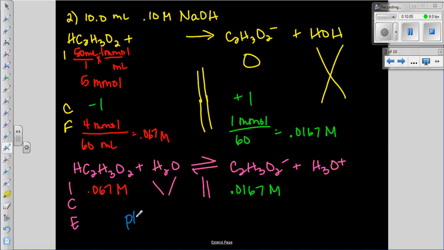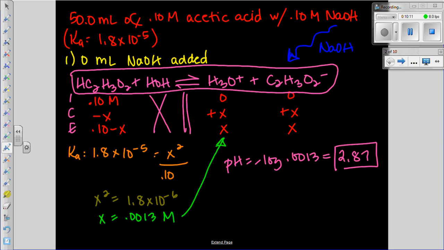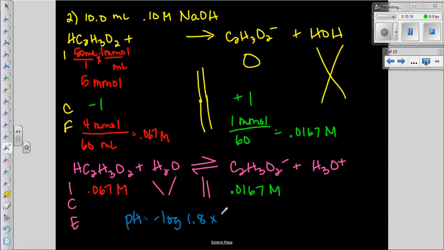So pH equals negative log of my Ka, which because it's acetic acid, is 1.8 times 10 to the negative 5th, plus the log of the conjugate base concentration, 0.0167, divided by the concentration of the acid.